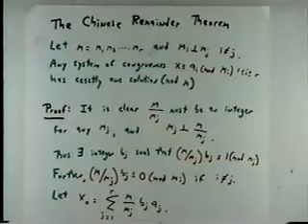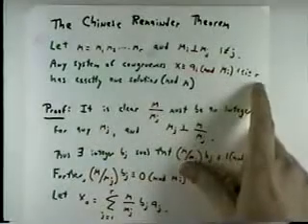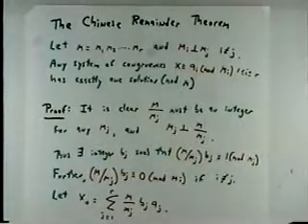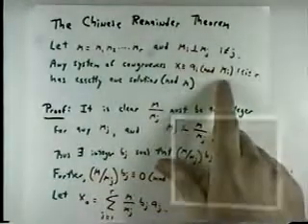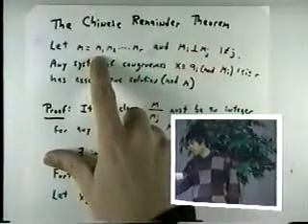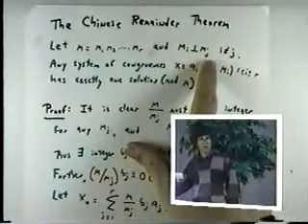Suppose we're now given a system of r such congruences, each with different moduli that are relatively prime to each other.